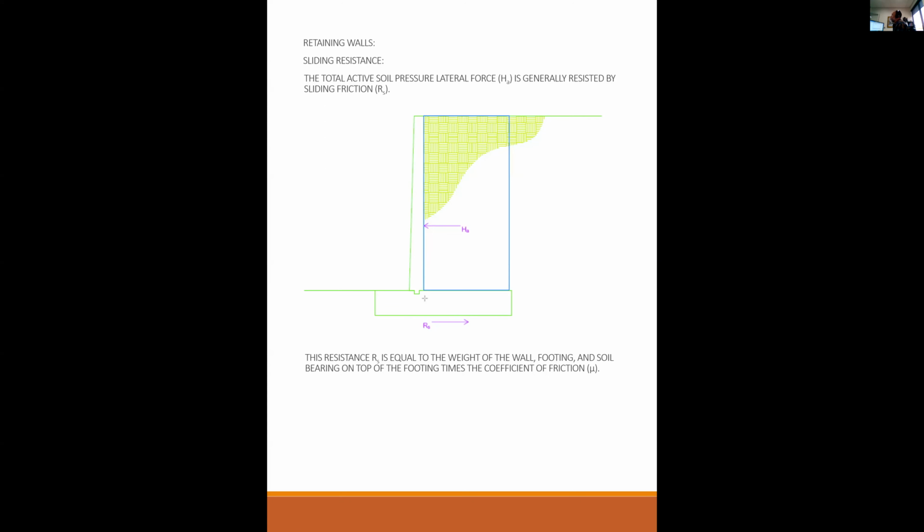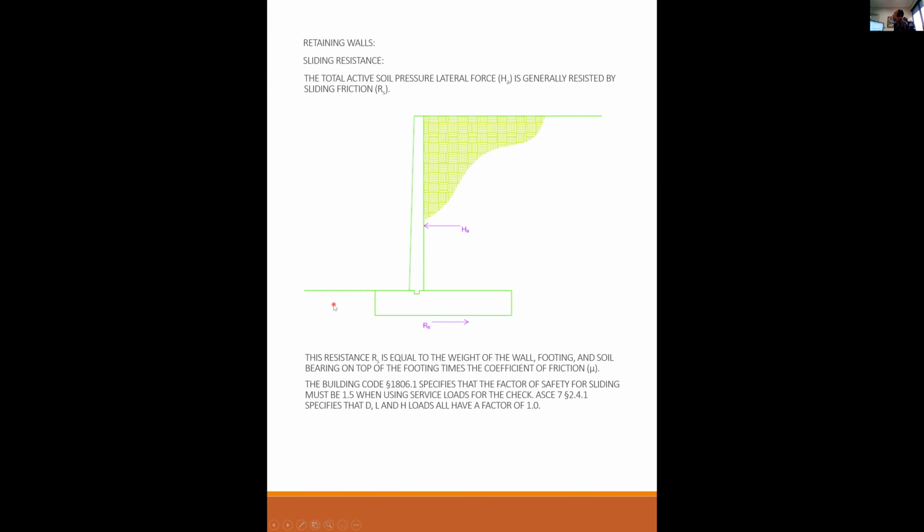So if the wall and the footing were to move, say a foot to the left, all this dirt would move with it a foot to the left. So the weight of this dirt actually helps in clamping down the whole assembly and creating friction. And then the coefficient of friction, mu, varies with different kinds of soil, and that comes from the soils report.